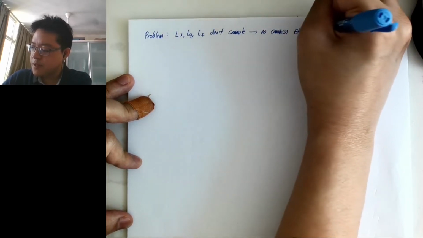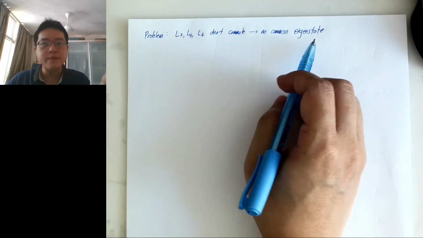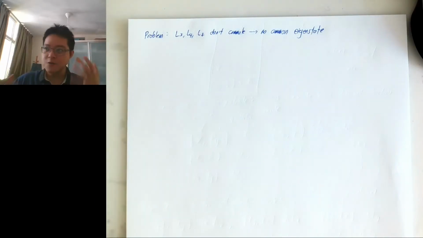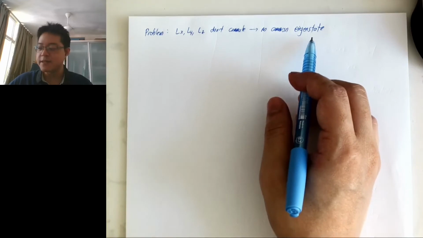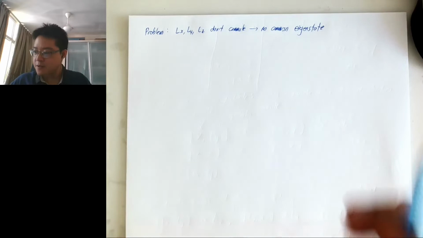Let me emphasize again. Do you recognize why this is a problem? No common eigenstate means how do we even express anything about this? If there is no common eigenstate, then how can we find eigenvalues, right? We cannot even continue.